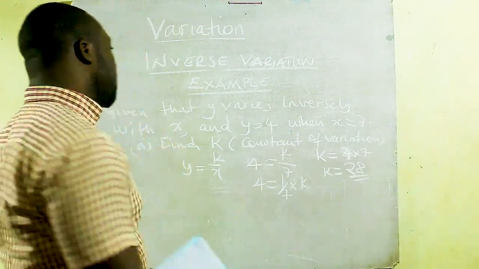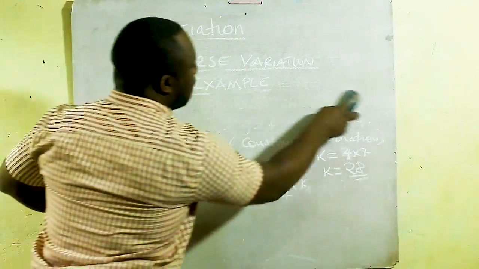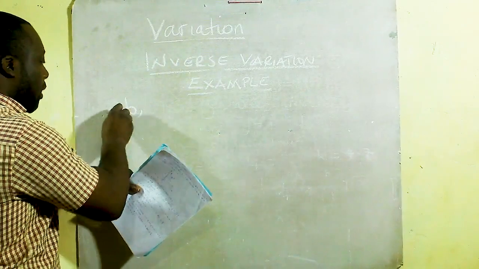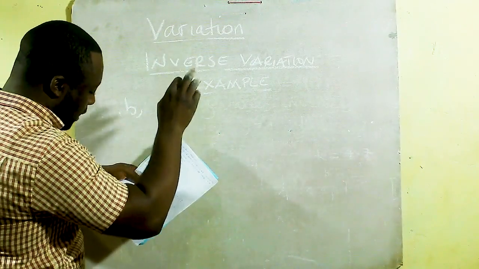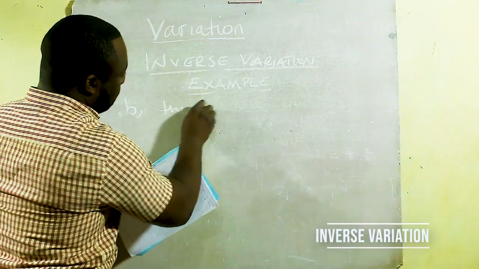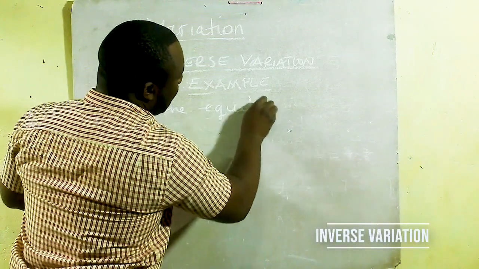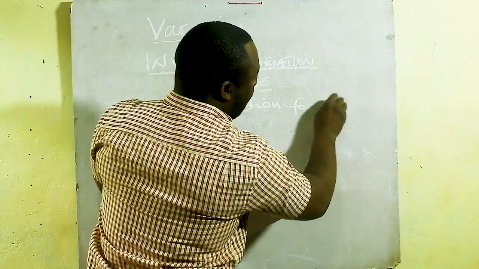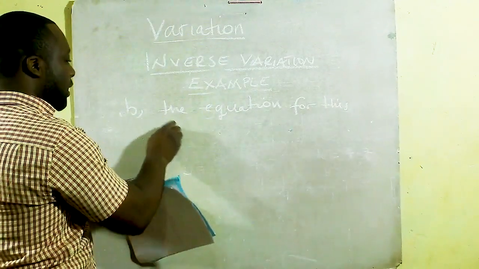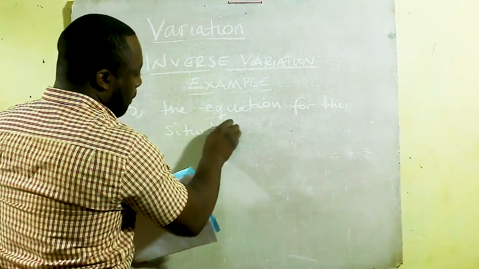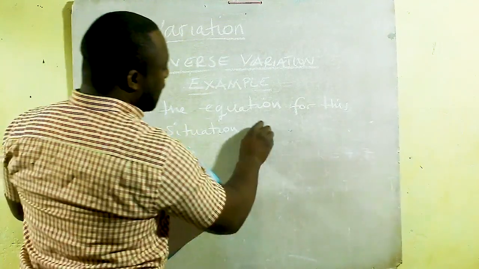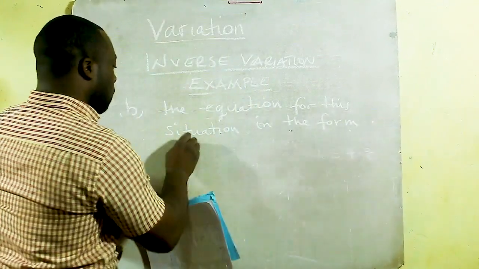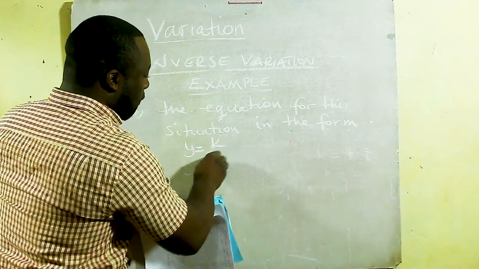Part B is finding the equation for this situation in the form y is equal to k over x.